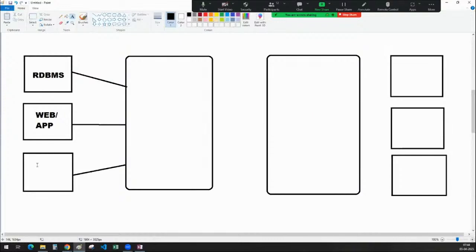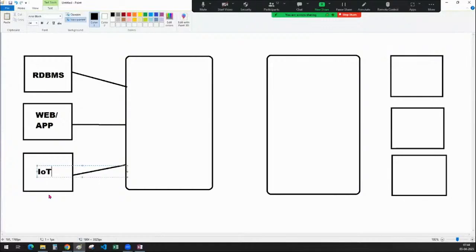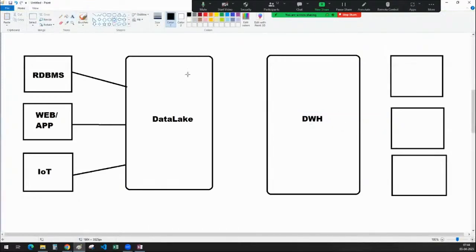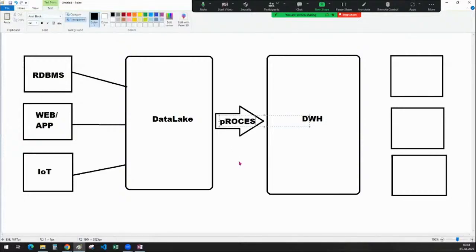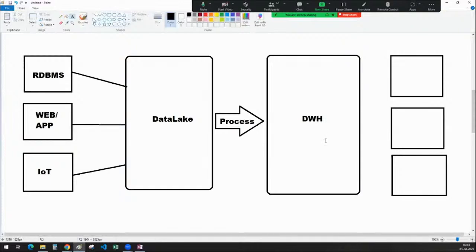Or it can be a CSV file from an application, or IoT data from an IoT application. So process the data and send it to the data warehouse. What you are doing here, guys, is trying to process the data: transform the data, clean the data, whatever you name it. You process the data and send it to the data warehouse.